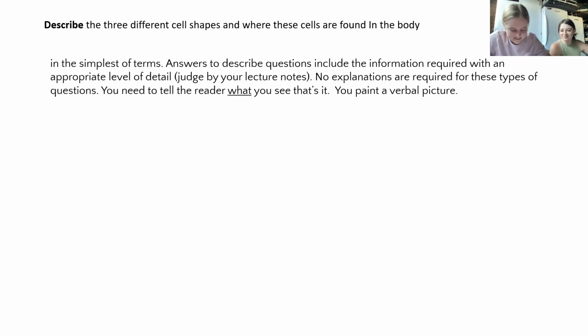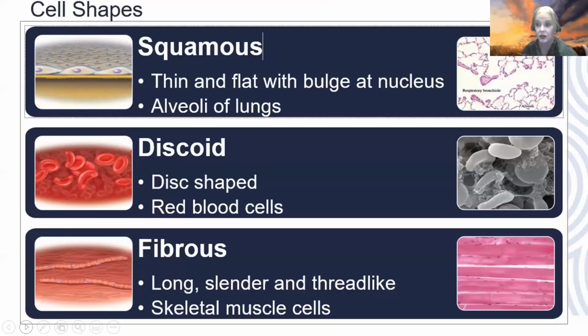Squamous. Yes. Squamous is one. What's another one? Discoid and fibrous. Yes, absolutely. Good. Everyone agree? Perfect. And that is the level of detail, isn't it? That's exactly what you were given, just the slide that I've got next, which is literally what you were given, right? Squamous, discoid, and fibrous. If I were you, I would say, you've been asked to describe what you see, so this is pretty much what you'd want to write.